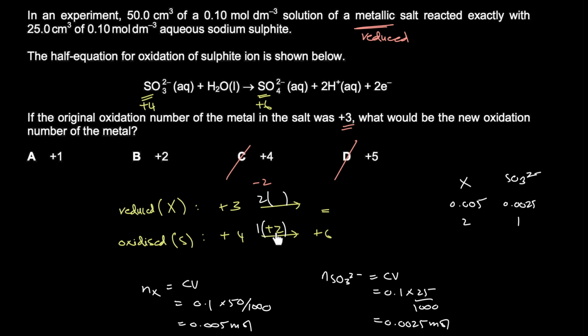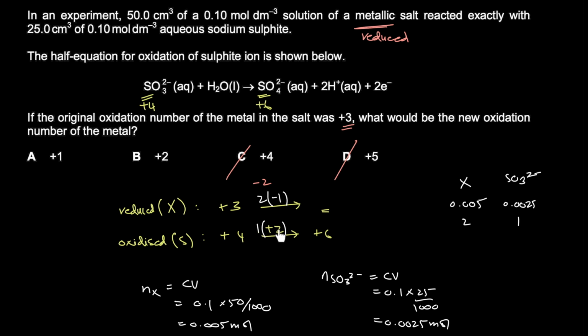Since the overall increase is plus 2, the overall decrease has to be minus 2. And since we have 2 moles of X, that means each atom of X has a change in oxidation number of minus 1. It's decreasing by 1.